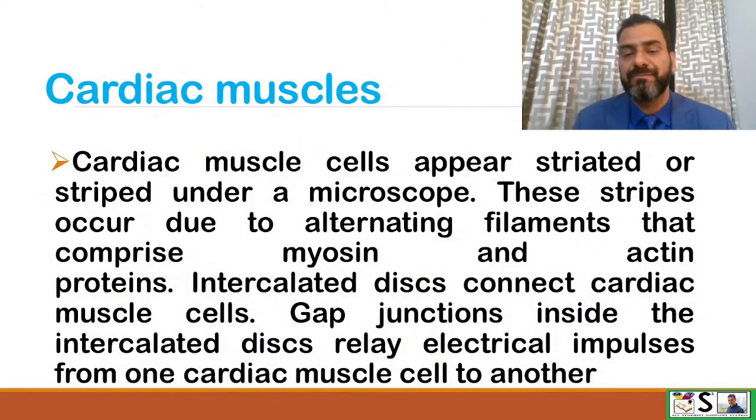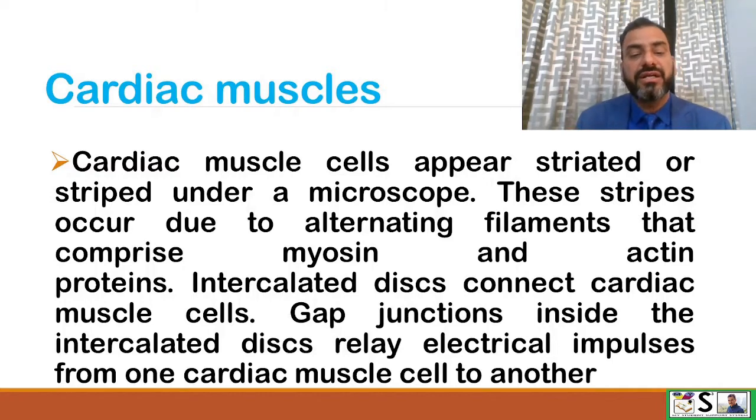Cardiac muscle cell appears striated, striations are there, bands are there. Under the microscope these can be seen, and these strips occur due to alternating filaments that comprise of myosin and actin, as we have seen in the skeletal muscles.